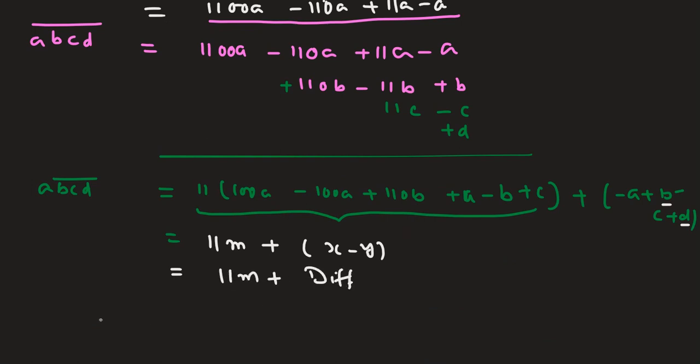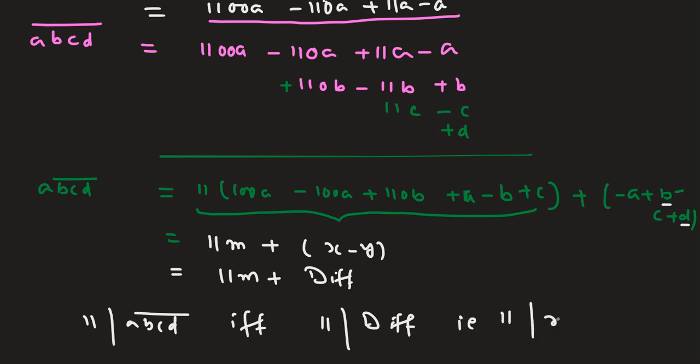So you know that 11 divides this 4 digit number ABCD if and only if 11 divides this difference, that is 11 divides the modulus of x minus y. This part is divisible by 11, so there is no worry about it.